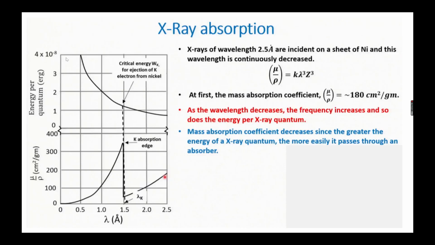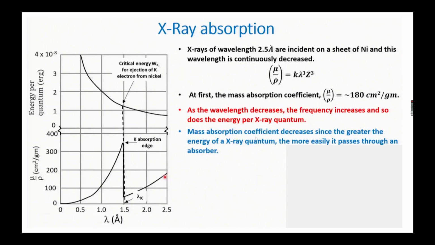Actually here it is saying that X-rays of wavelength 2.5 angstrom are incident on a sheet of nickel, and this wavelength is continuously decreased. At first the mass absorption coefficient is 180 centimeter square per gram.